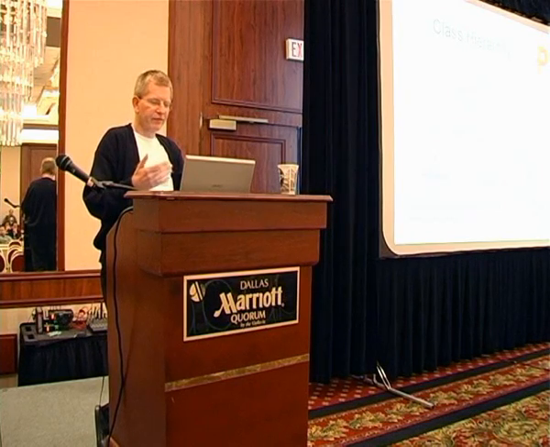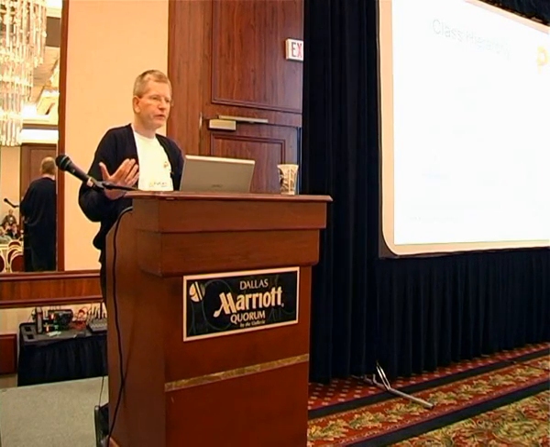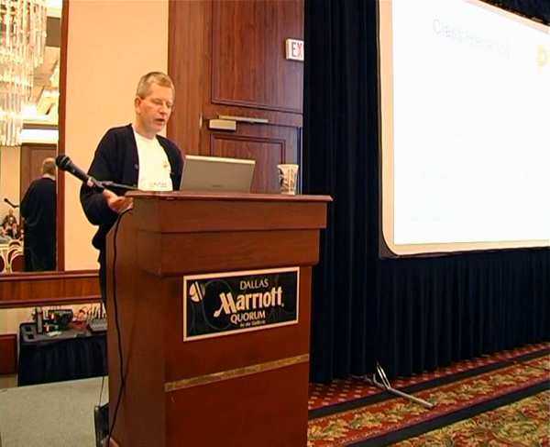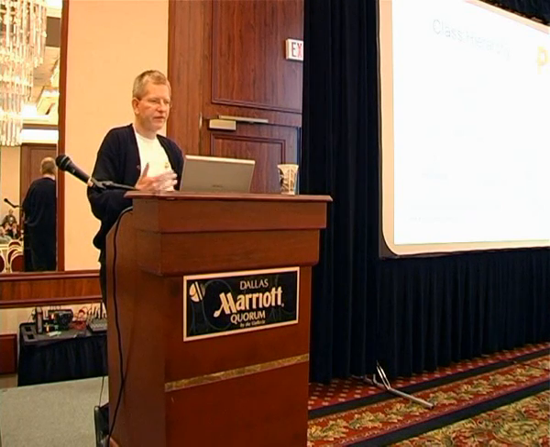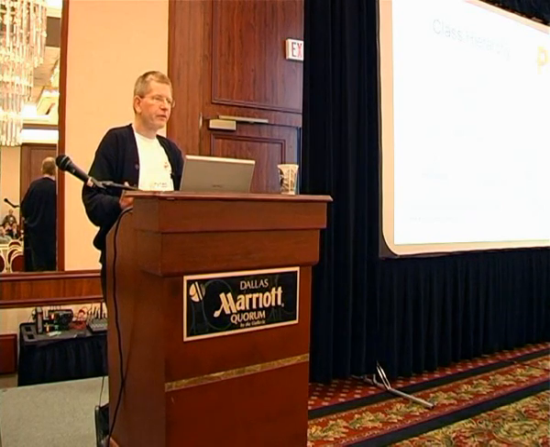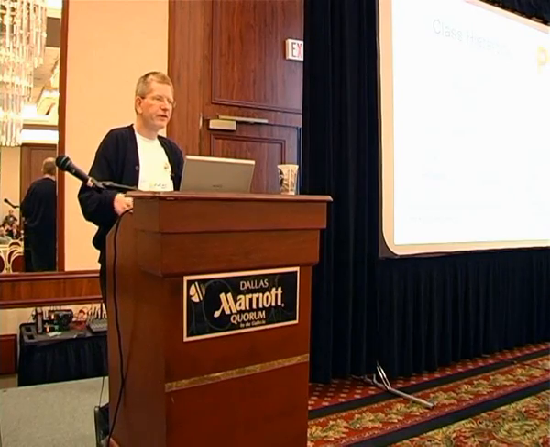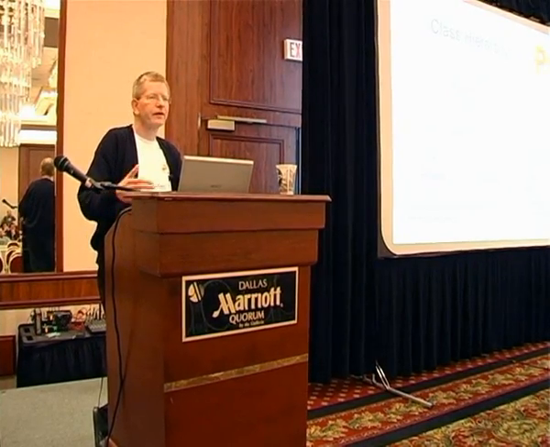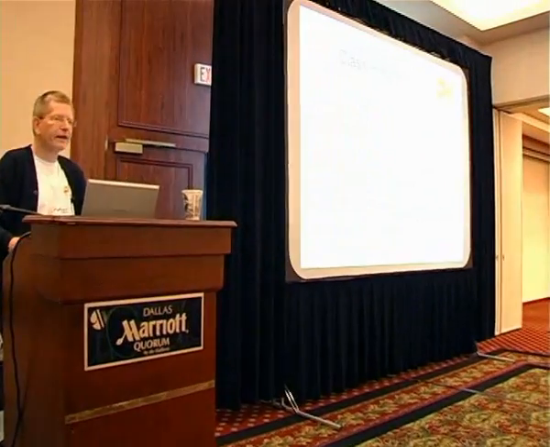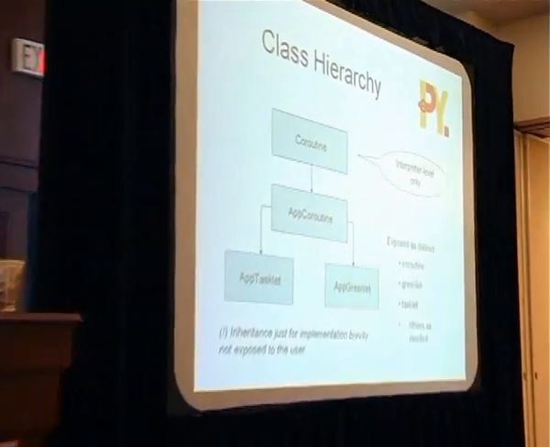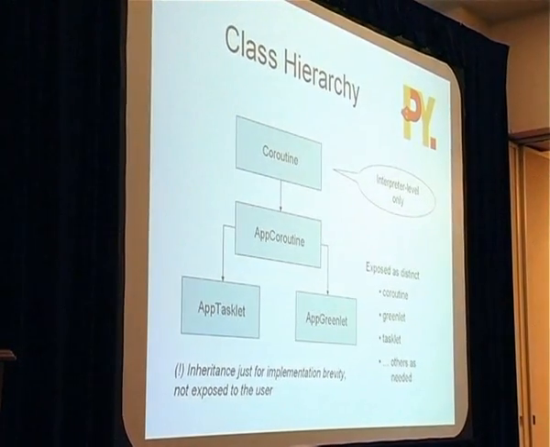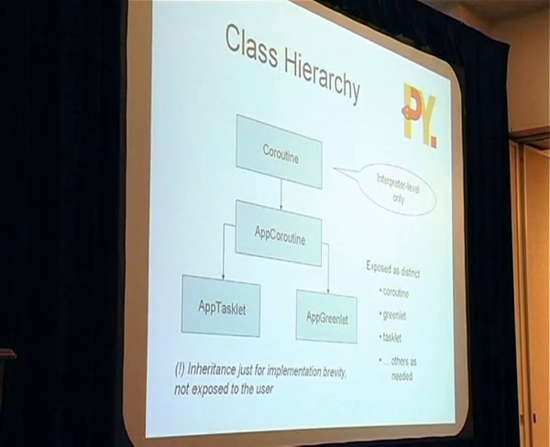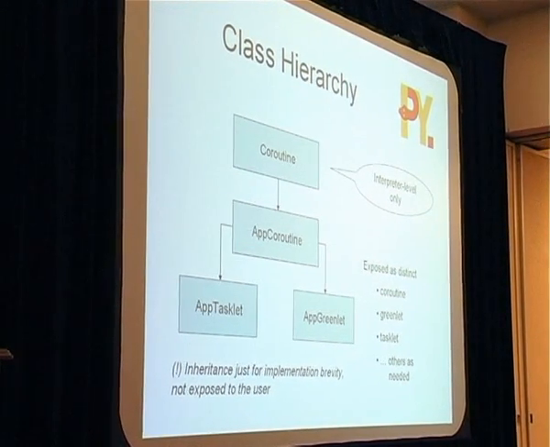For applications, we have the application coroutine, which is just a thin wrapper around this implementation. On top of that, we have the tasklets and the greenlets, which all share the basic switching capabilities, but they have a different interface and different users in mind. So actually, there's no hierarchy at all. They appear to be disjoint and not disturbing each other.